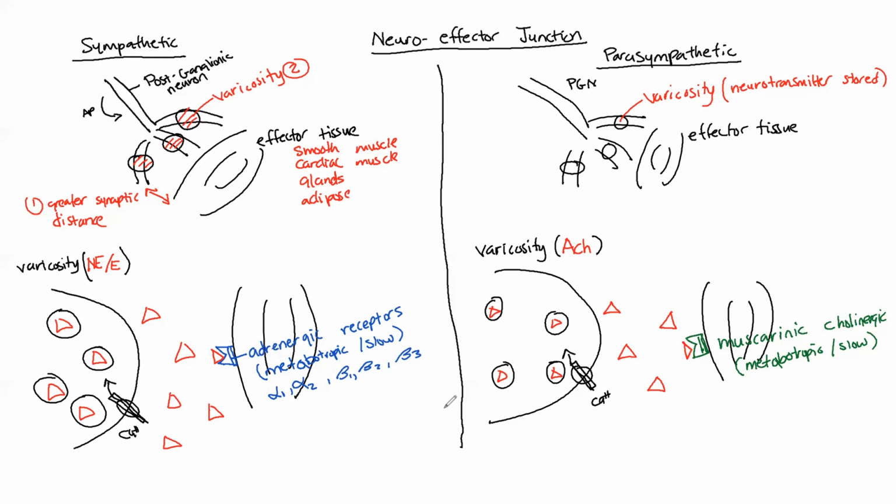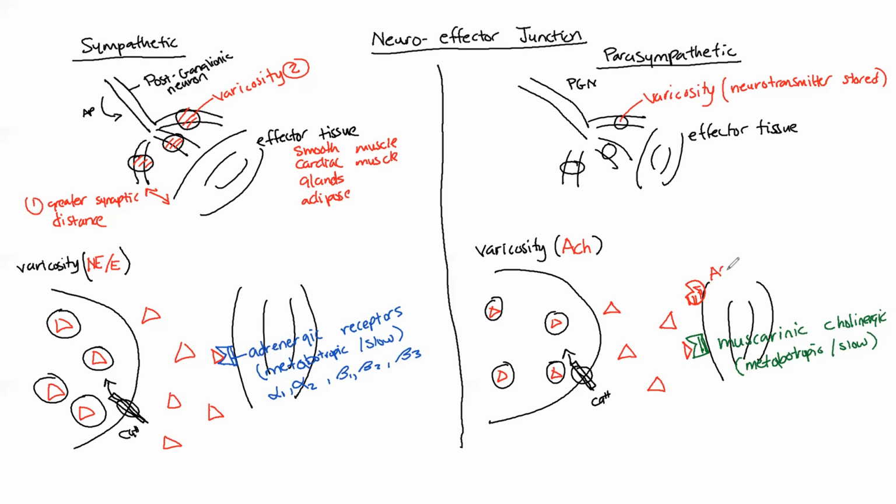Okay. Now we also want to remind ourselves that we have to clear the junction. But in terms of clearing the junction on the sympathetic side and clearing the junction on the parasympathetic side, it's going to be different. We have our degrading enzyme, which is acetylcholinesterase, and it is only present on the parasympathetic side because acetylcholinesterase can only degrade acetylcholine.